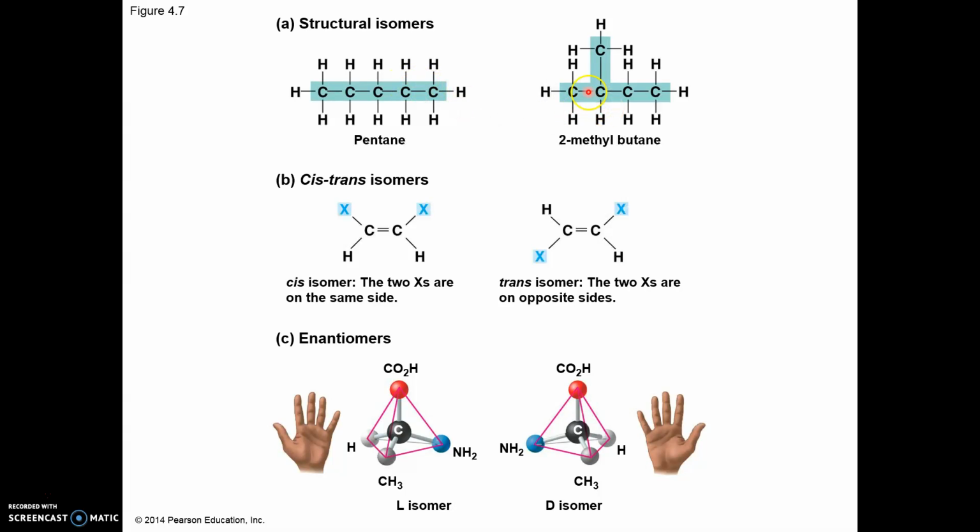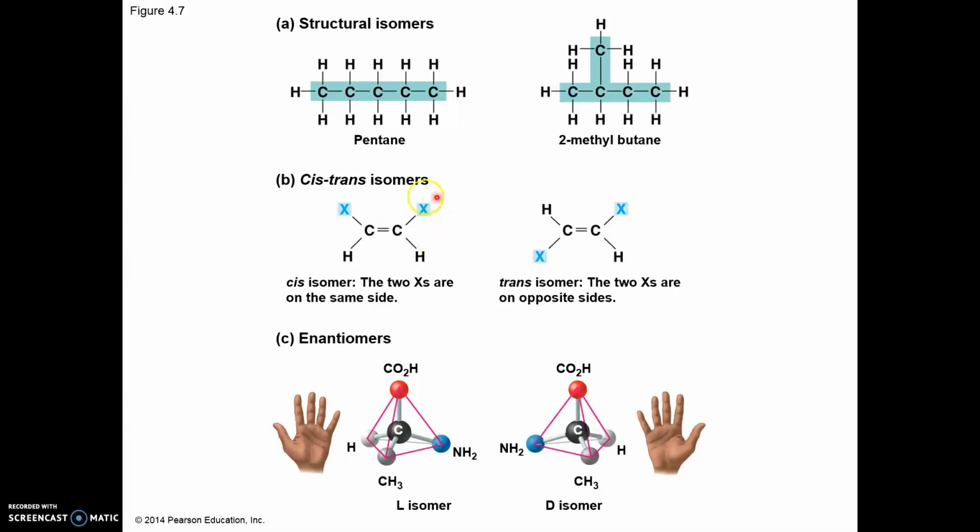Over here, we have the same number of atoms of each, but they're arranged differently. So 1, 2, 3, 4, 5, and then 1, 2, 3, 4, 5, 6, 7, 8, 9, 10, 11, 12. So we have the same formula, but it looks very different. Okay, so these are structural isomers.